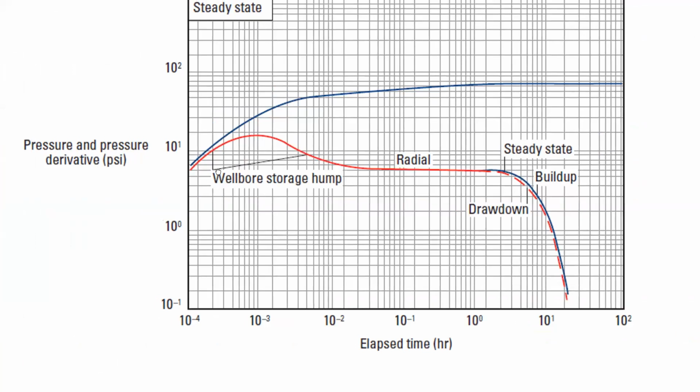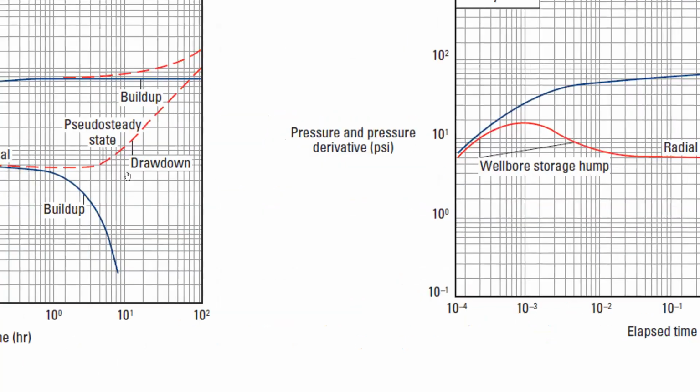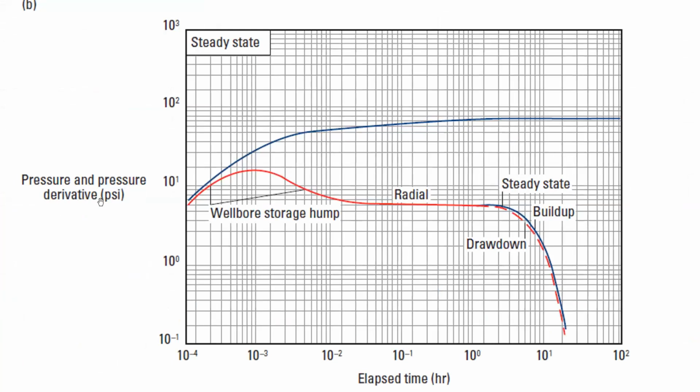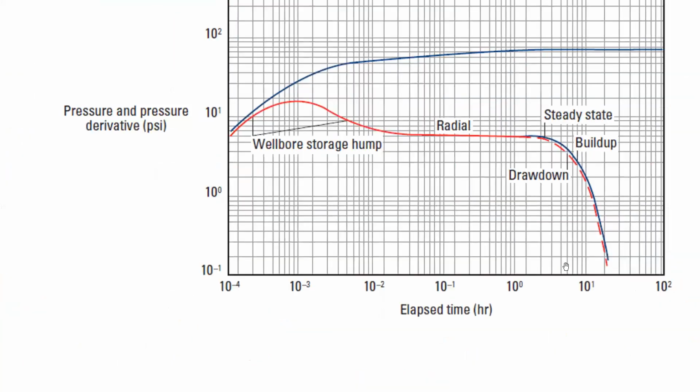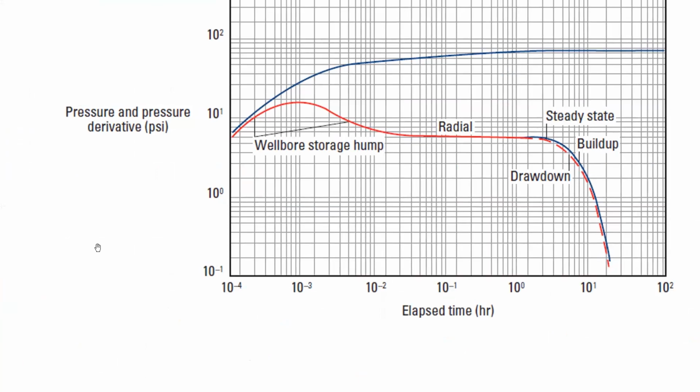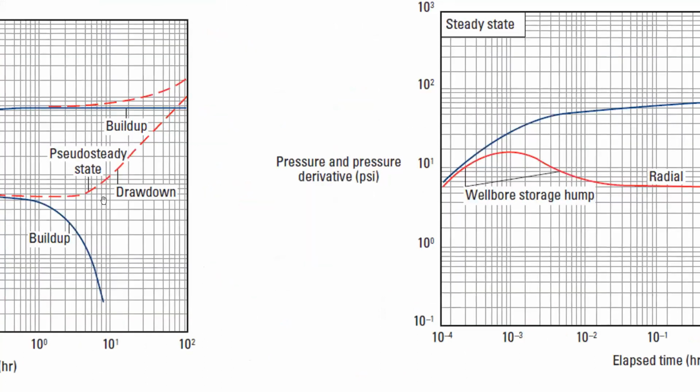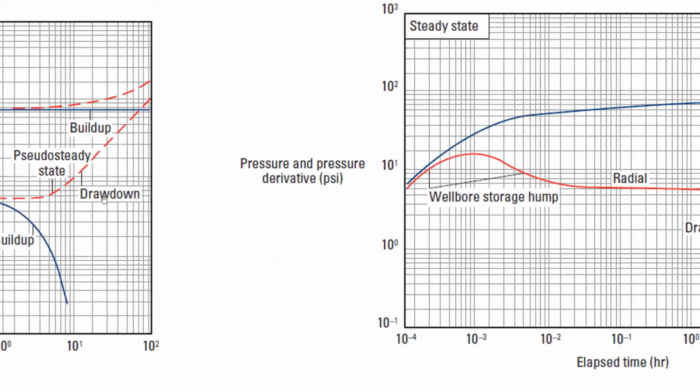That is the difference: drawdown moves to the top or to the down, but build-up goes the same on both sides. So with a build-up graph, you cannot identify the difference between pseudo steady state and steady state. But drawdown acts in two different ways. This is the reason why drawdown is important for pseudo steady state flow measurement when compared to a build-up test.